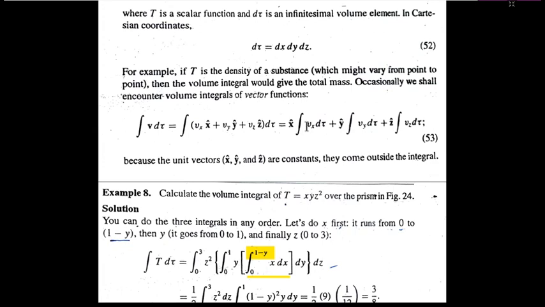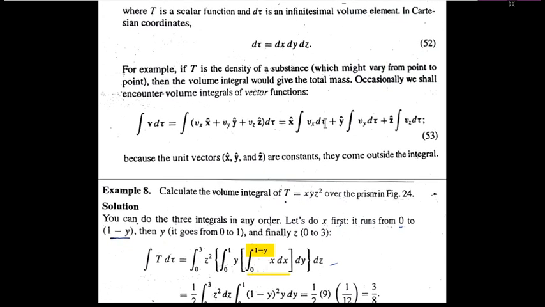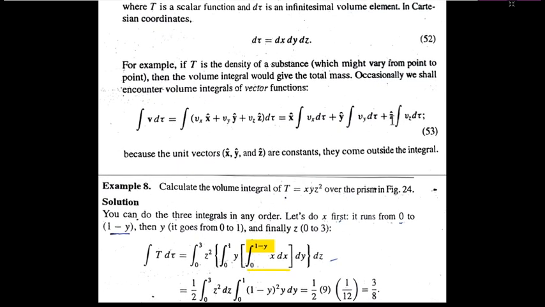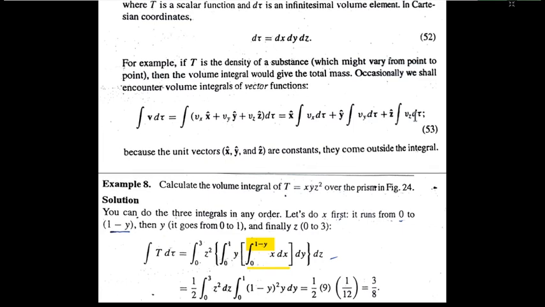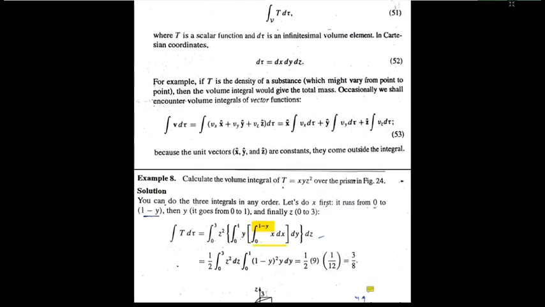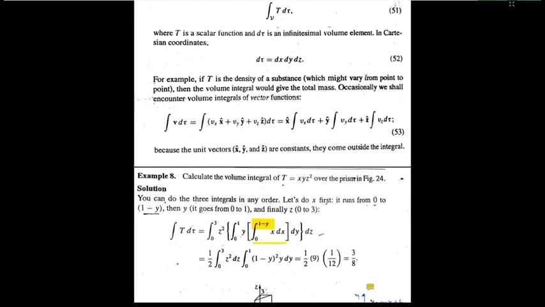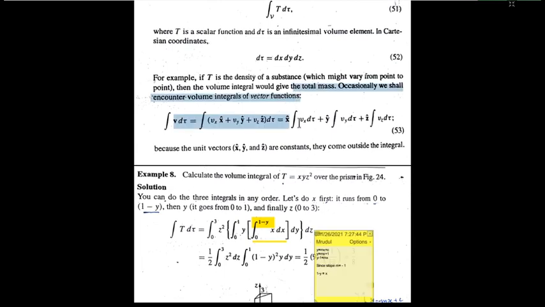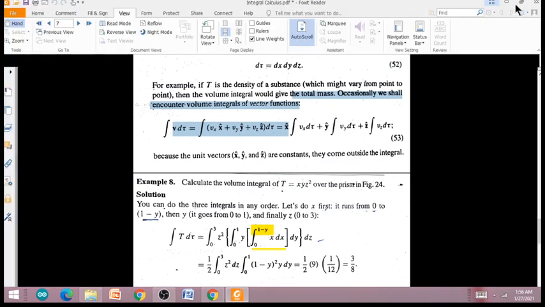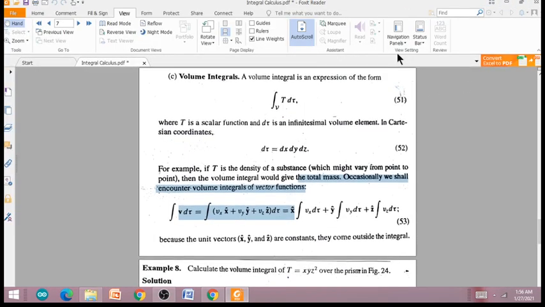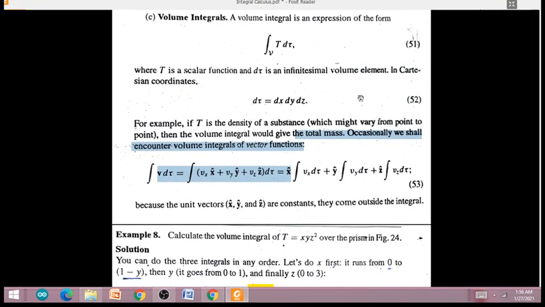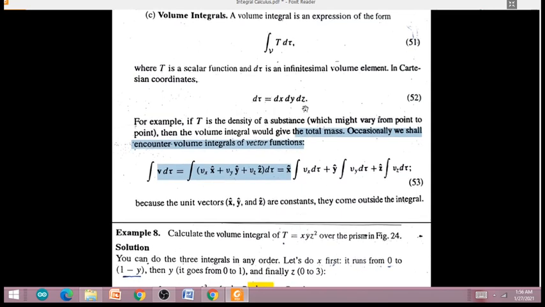So here it is x cap integration with the vx d tau, y cap integration with the vy d tau, plus z cap integration of vz d tau. This is the way to write out the volume integration. Okay, let me make it enlarged again so it will become easy to understand it. So this is the way to understand it.